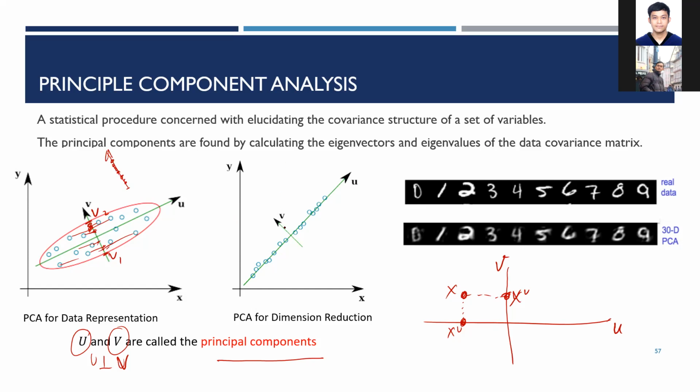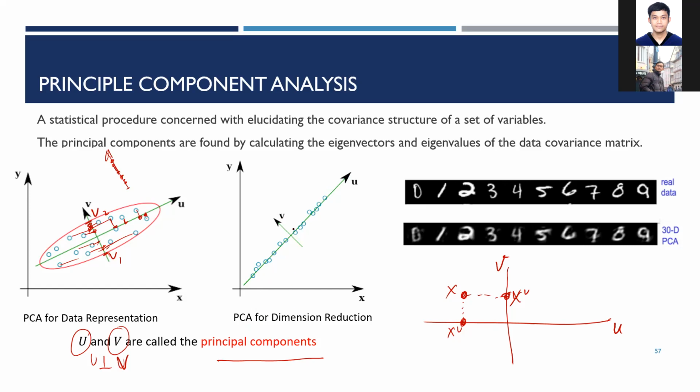We also represent it on vector U, so the data is like this, here and here. At the end, we will have U and V as the two principal components.